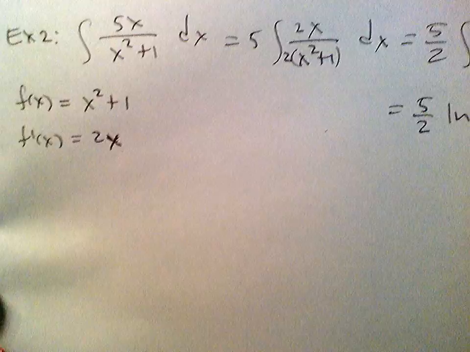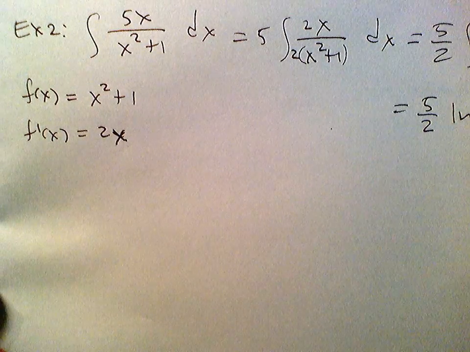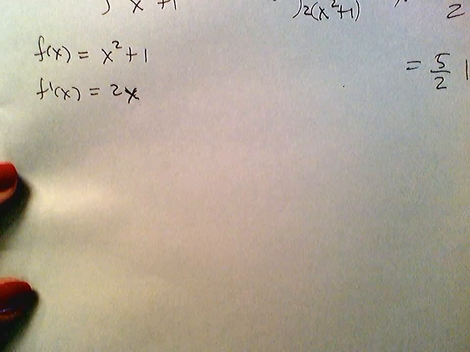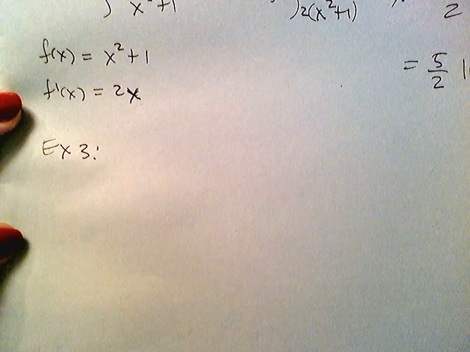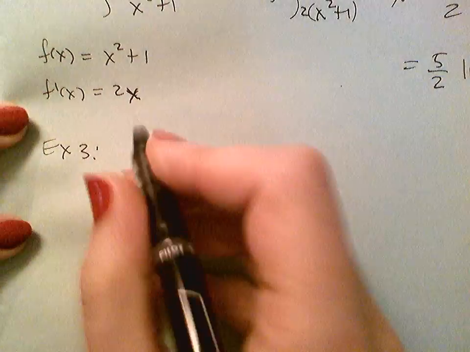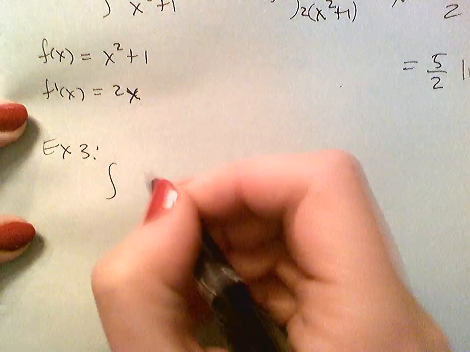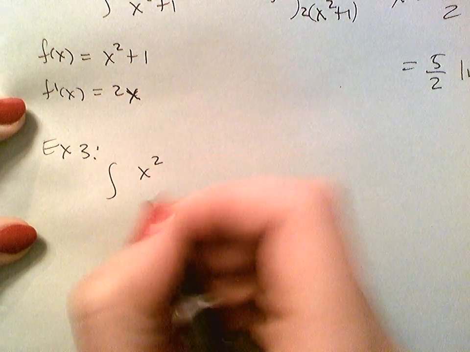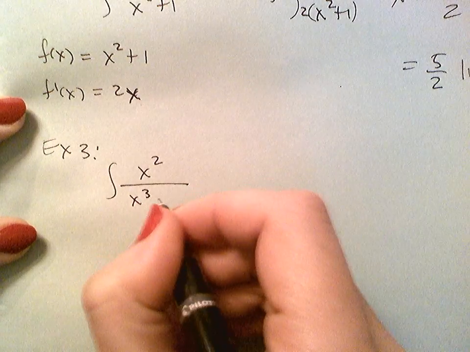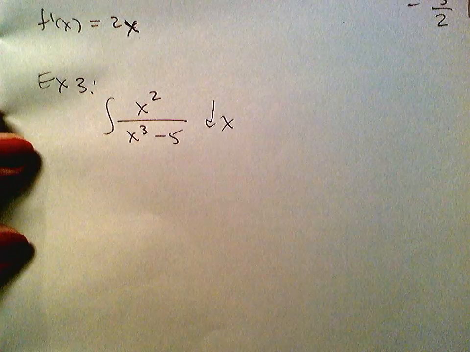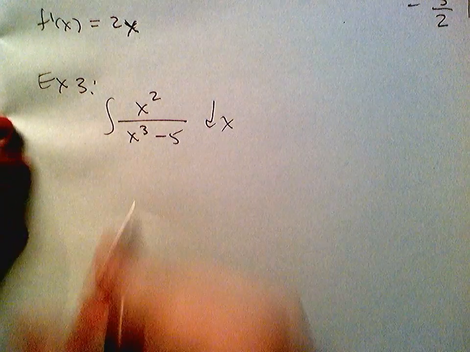Okay, guys, one more. This is example number 3. And we will do the antiderivative of x squared over x to the third minus 5. Okay, so same, this is a quotient that we're finding the antiderivative of.